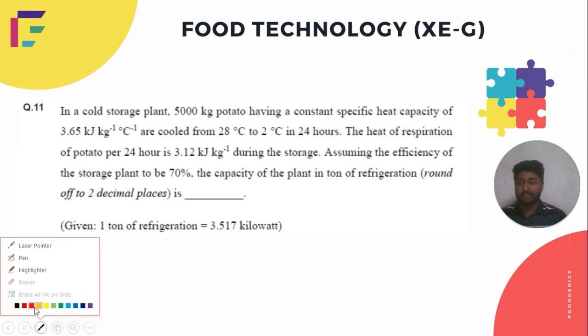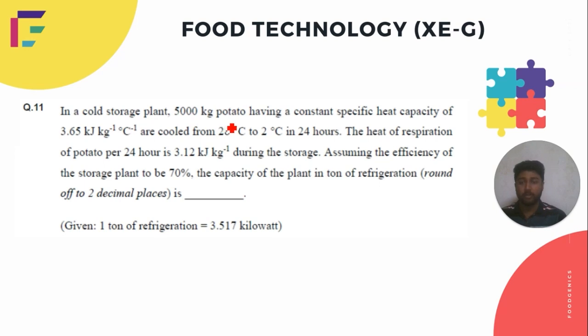What is given is that there is a cold storage plant where 5000 kg of potato, so here we have the mass equal to 5000 kg, having a constant specific heat capacity of 3.65 kilojoule per kg per degree Celsius.